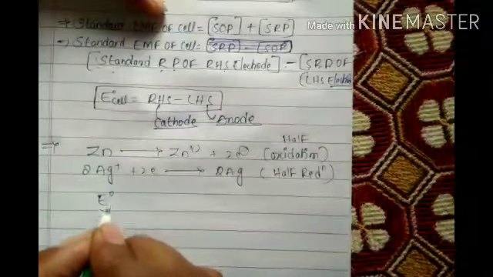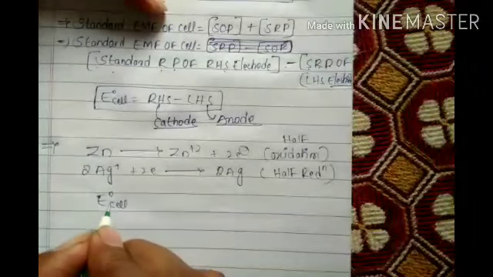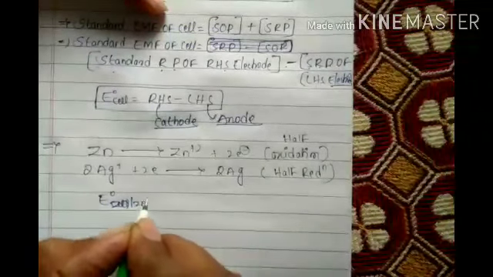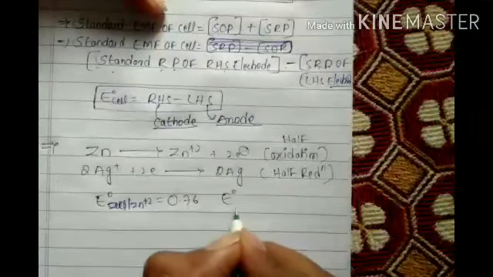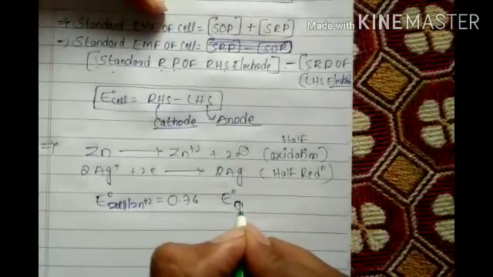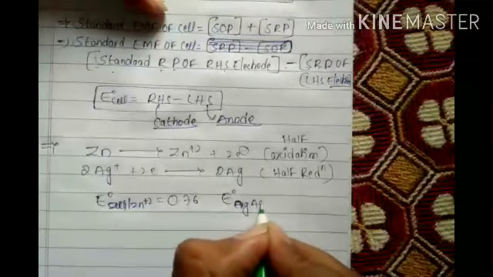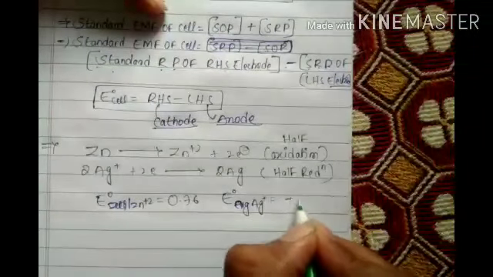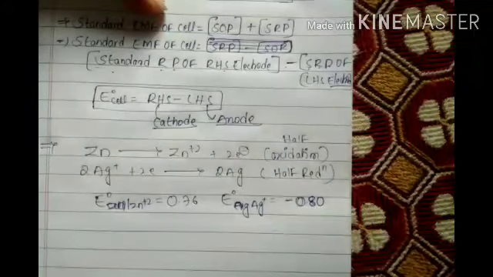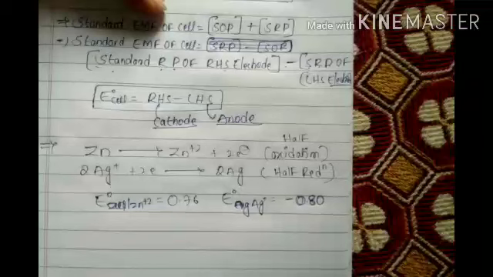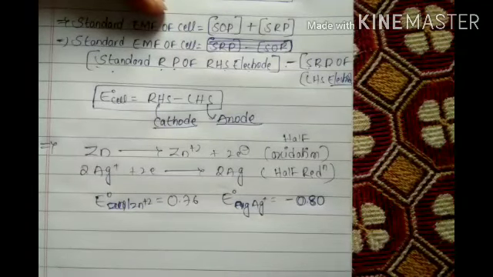So E naught for Zn by Zn2+ is 0.76 and E naught for Ag+ by Ag is minus 0.80. Got it? This is the given. We need the oxidation potential of the zinc electrode but the reduction potential of the silver electrode.